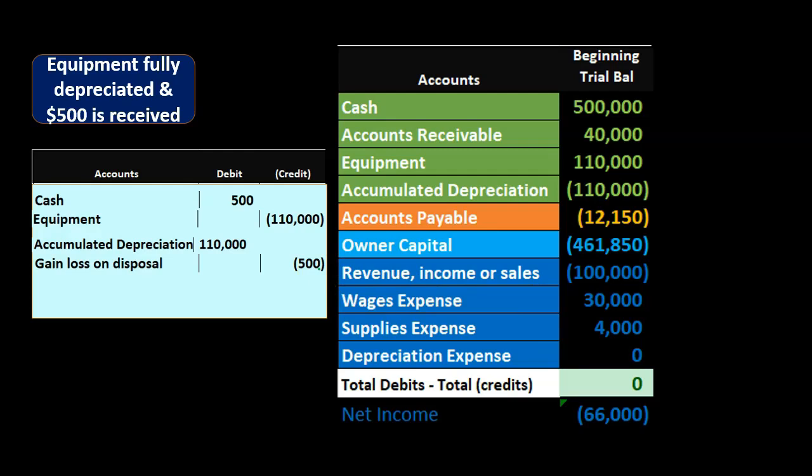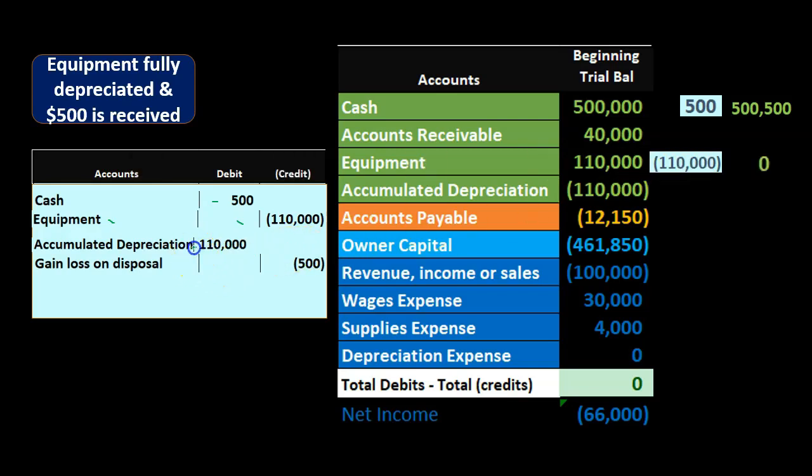So if we post this out, then we're going to post the cash here. So here's the cash posting out 500 plus the 500,000 gives us the 500,500. Then we're going to post out the equipment. So here's the equipment here. It started at 110,000 debit. We are crediting it by 110,000, bringing the balance down to 0.